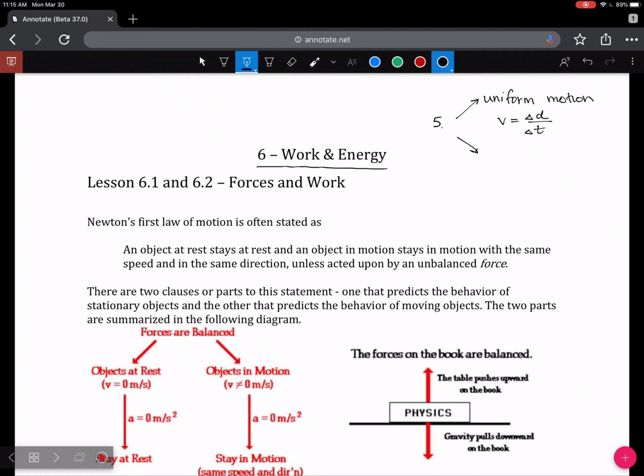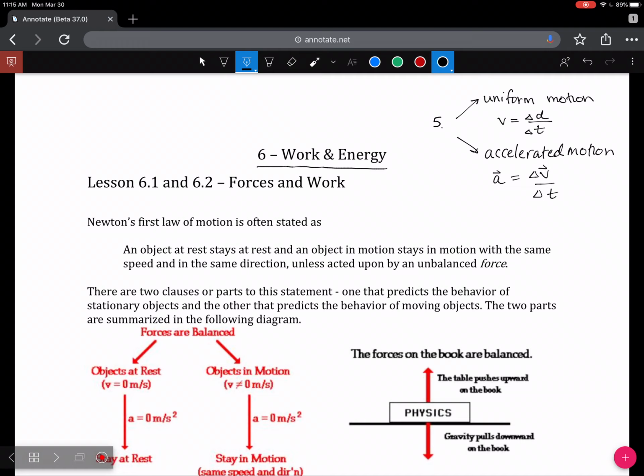The other big idea is non-uniform motion, or what they call accelerated motion. And the formula that we're using here is acceleration is equal to change in velocity over some time interval, and acceleration is a vector.